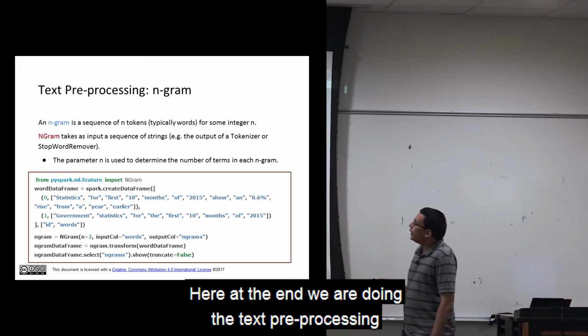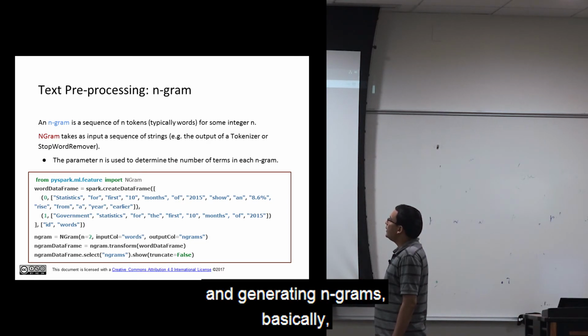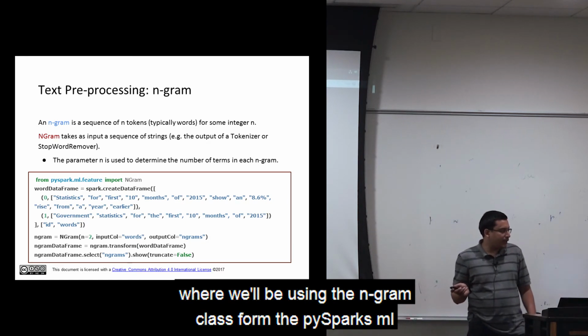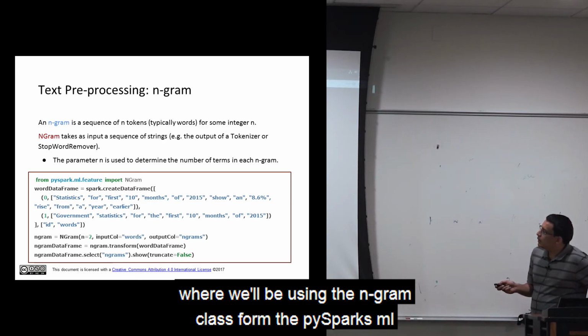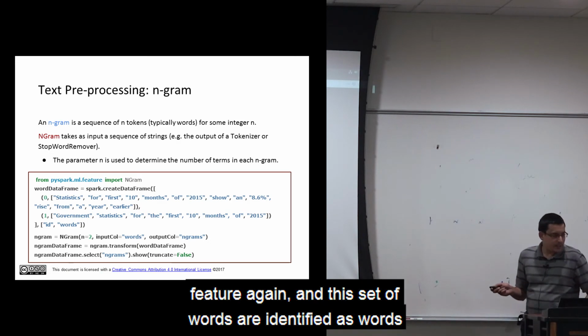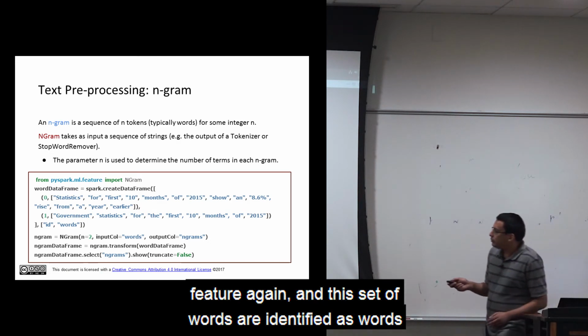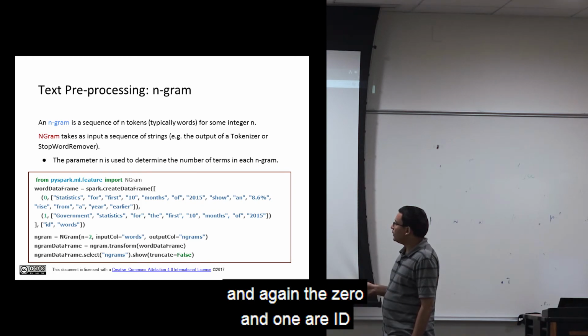Here at the end we are doing text pre-processing and generating n-grams, where we will be using the NGram class from PySpark's ML feature again, and this set of words is identified as words, and again the 0 and 1 are IDs.